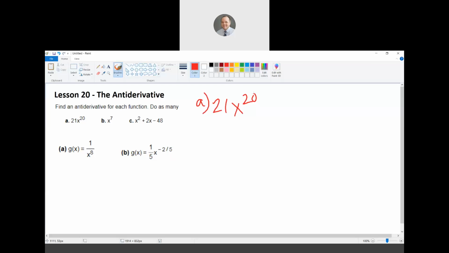Well, instead of moving your 20 to the front and subtracting 1 from it, you do the opposite. The opposite of subtracting is adding. So we will add 1 to our original exponent. And instead of multiplying 20 by 21, the opposite of multiplication is division. So we'll divide our entire antiderivative by our new exponent.